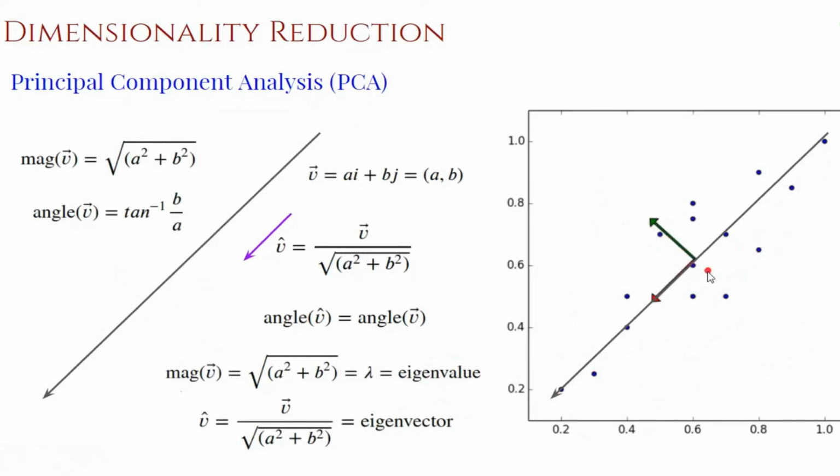If we are dealing with 10-dimensional data, we can find 10 eigenvalues and corresponding 10 eigenvectors. These eigenvalues tell us about the variation of the data or the maximum variability. So the eigenvalue with the largest value tells us the maximum variation.